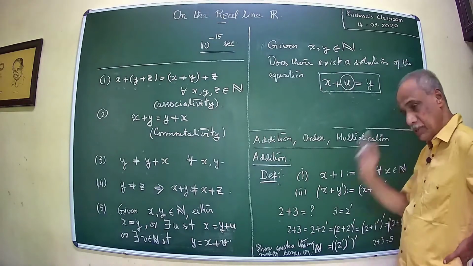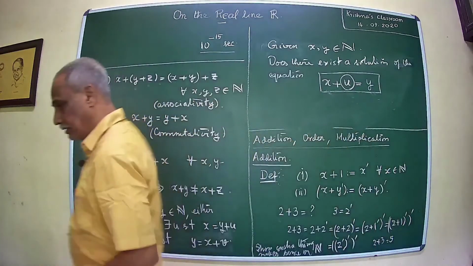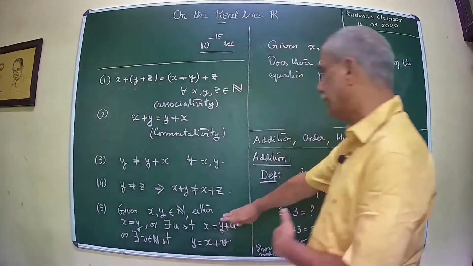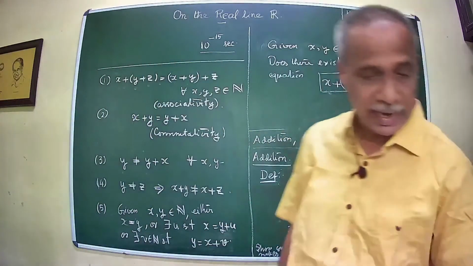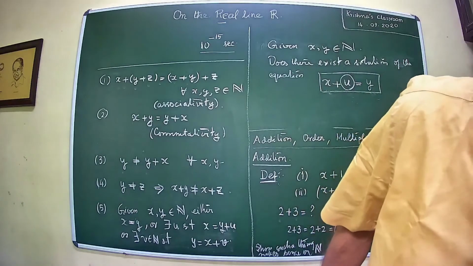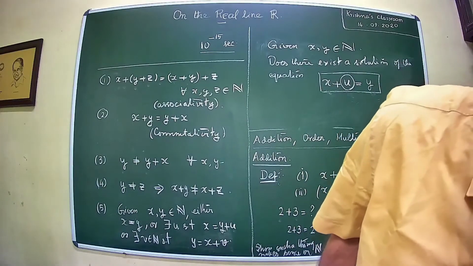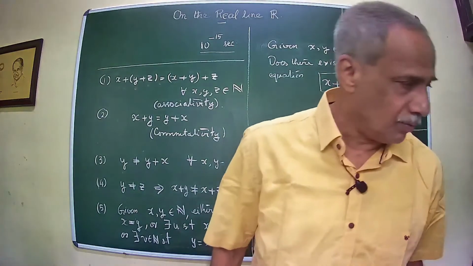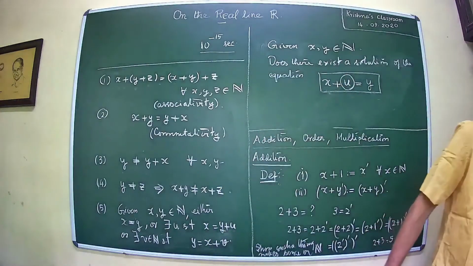Don't just keep it in your mind. We'll come back to it. So what this criteria 5 says is that this equation has a solution in certain circumstances and not always. That's what we say.